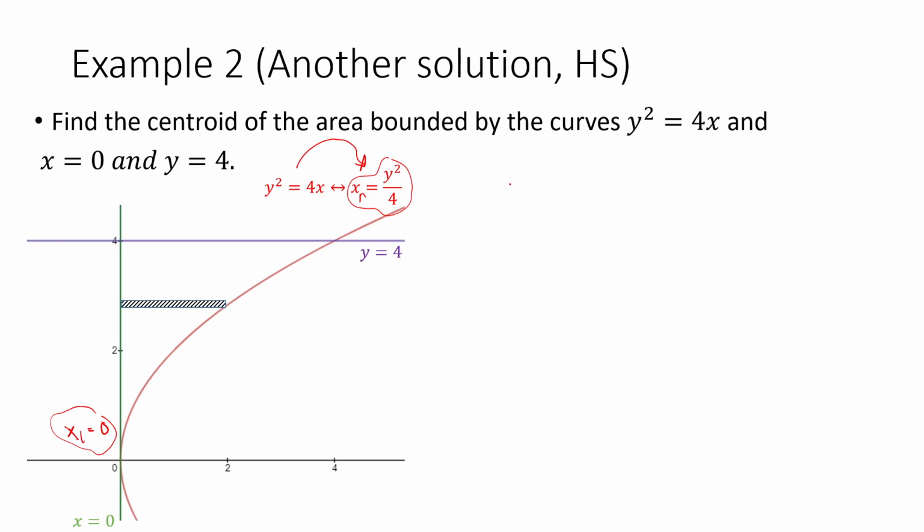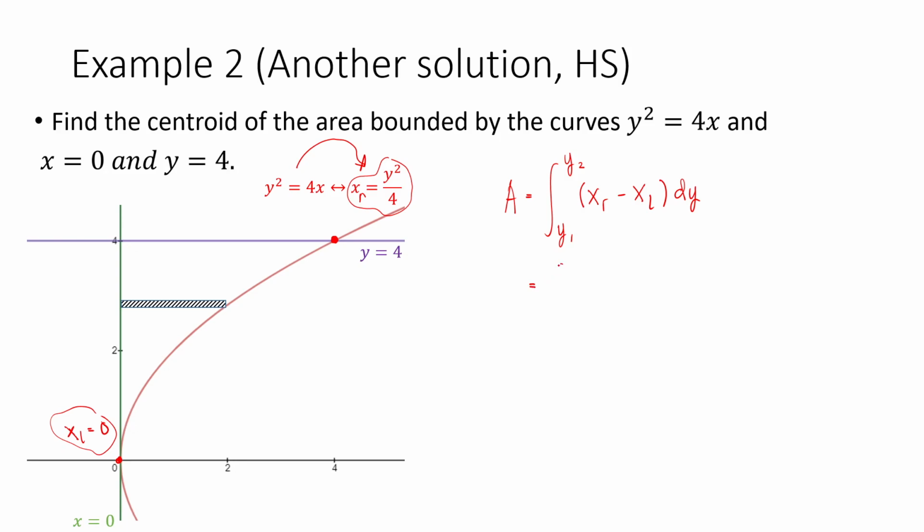So in solving the area, since we are now utilizing the horizontal strip, we have x right minus x left, dy. This one is from y1 to y2. Again, points of intersection for the y component. This one is 0, going towards this point here, that is y equals 4.